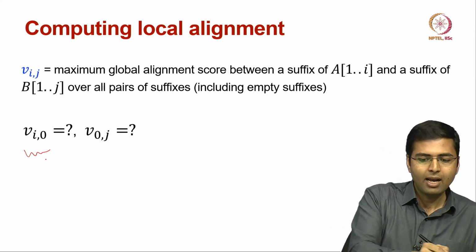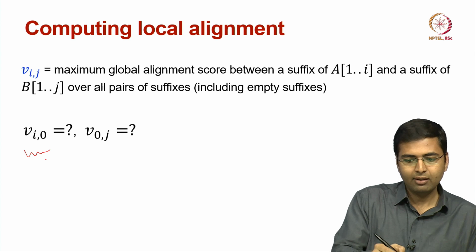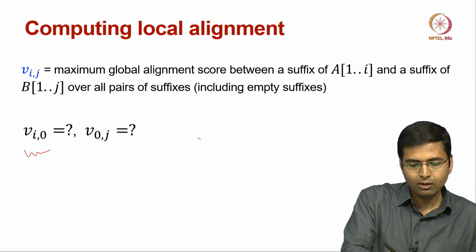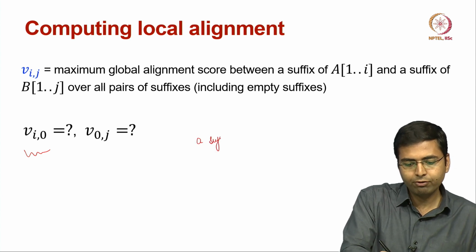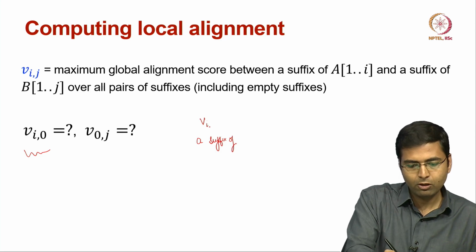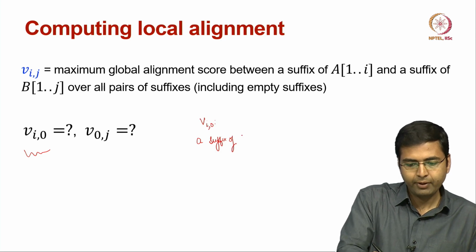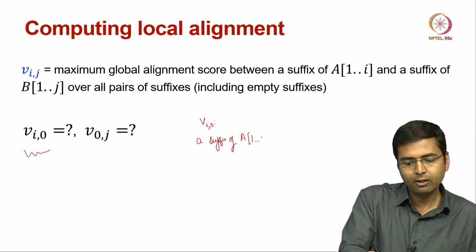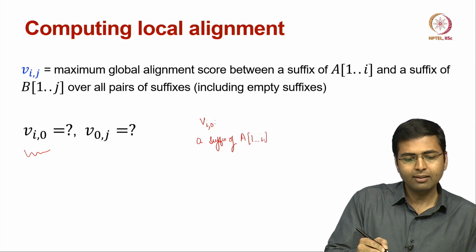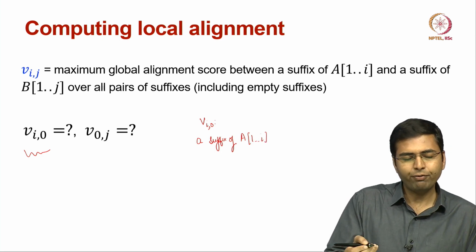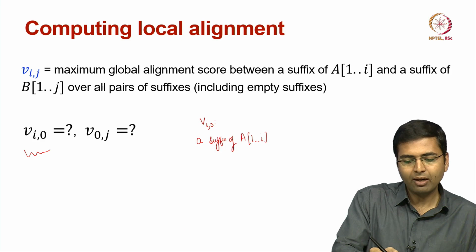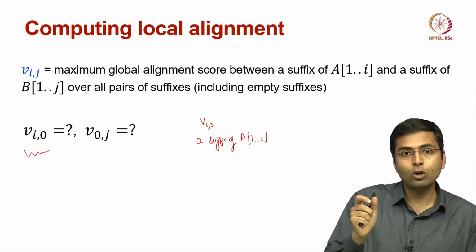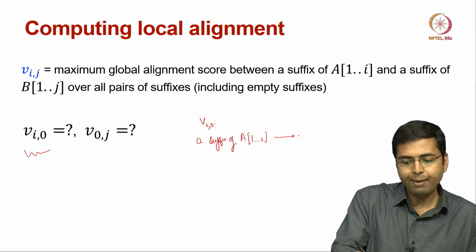In this case, we have to look for a suffix of a_1 to i against a suffix of the empty string, which means I am trying to align a suffix of a_1 to i to an empty string.